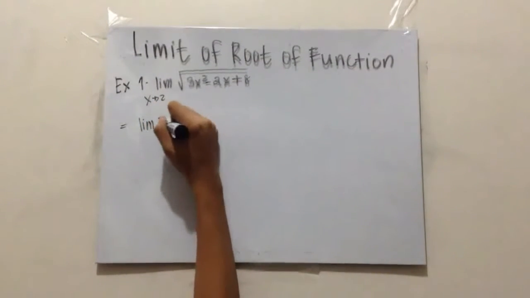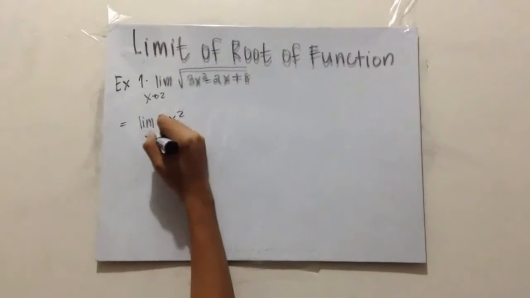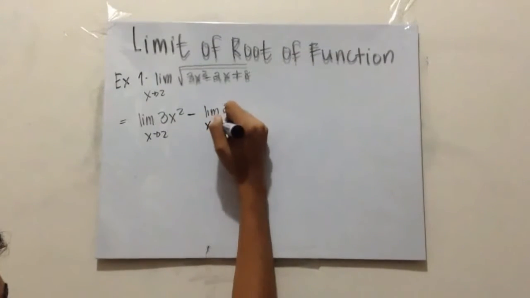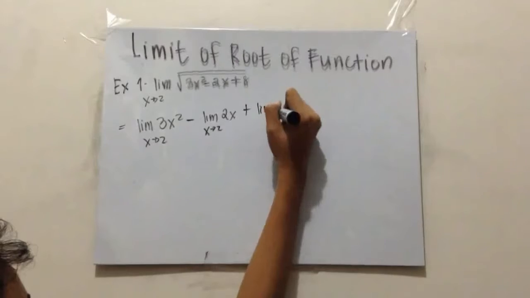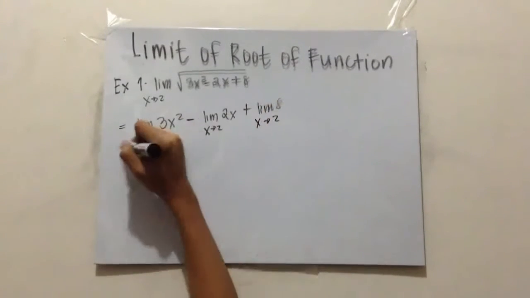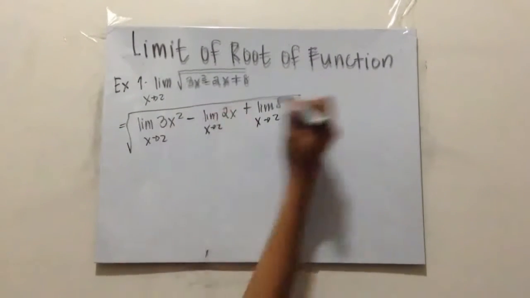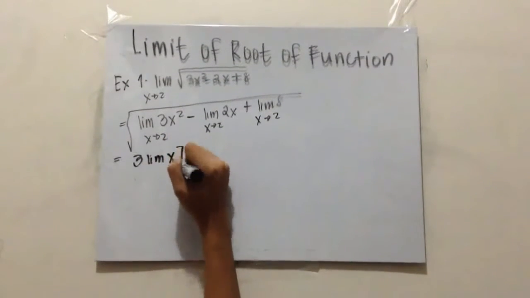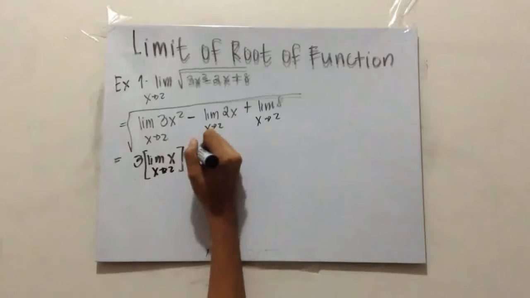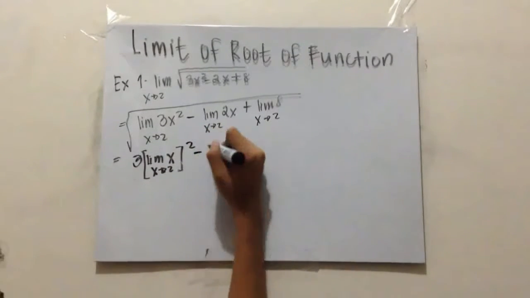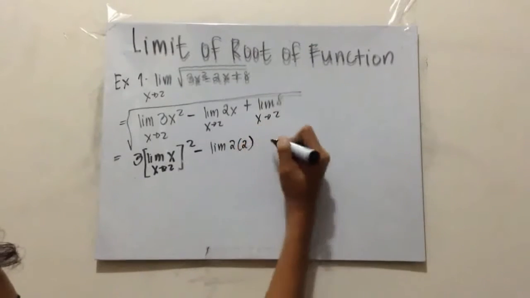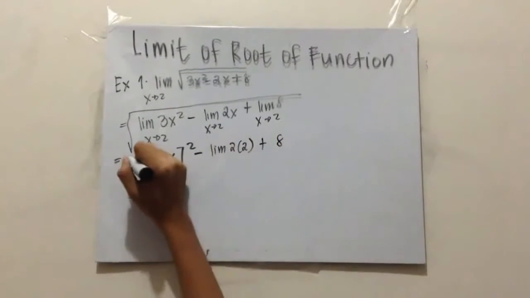So our first step is to separate the three terms: the limit of 3x squared as x approaches 2, minus the limit of 2x as x approaches 2, plus the limit of 8 as x approaches 2. Next, we will apply the constant multiple rule to the first term, as well as to the second term, the limit of 2x as x approaches 2.